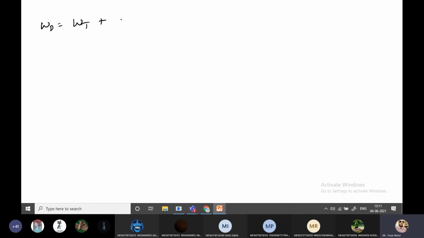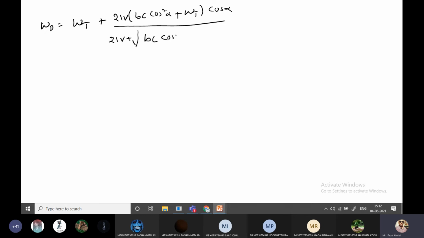Wt plus 21V times (bc cos square alpha plus Wt) into cos alpha, divided by 21V plus square root of (bc cos square alpha plus Wt).